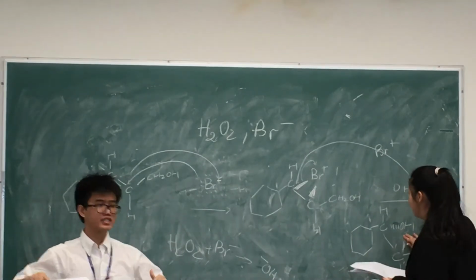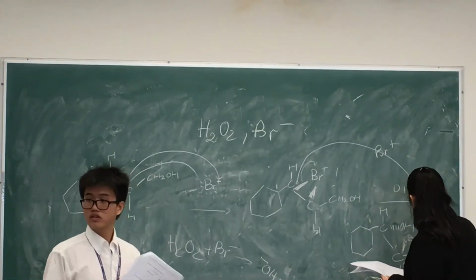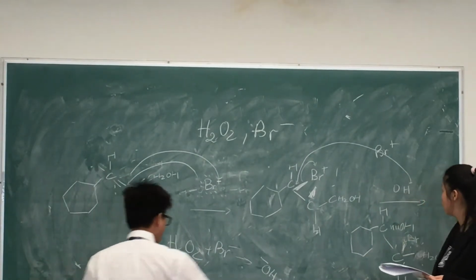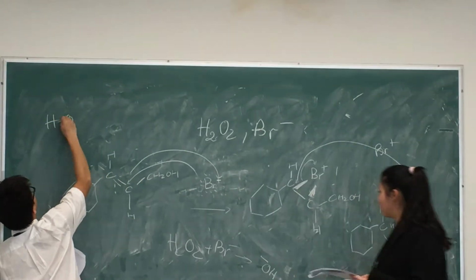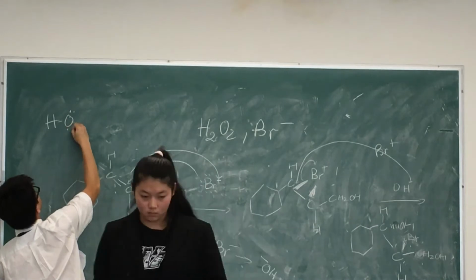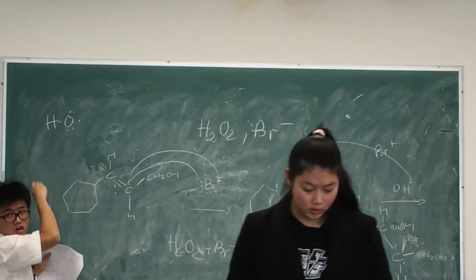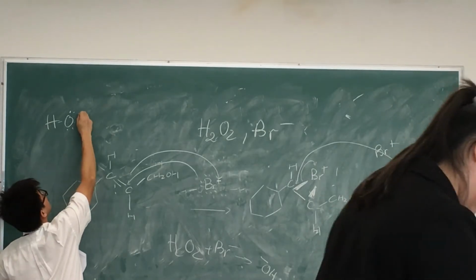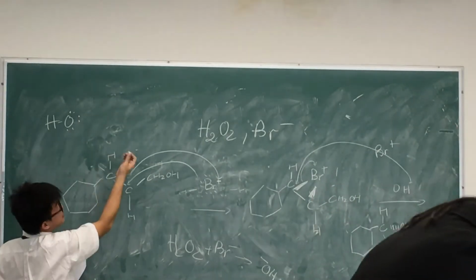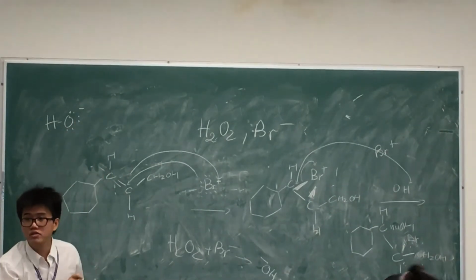Okay, good? Why is the orange minus? Because this one, right? The radical of OH will grab an electron from Br minus to form OH minus.